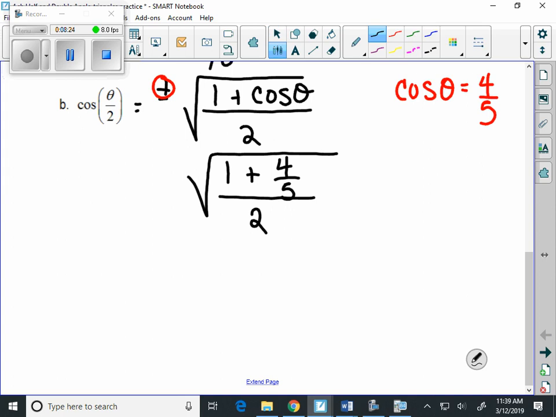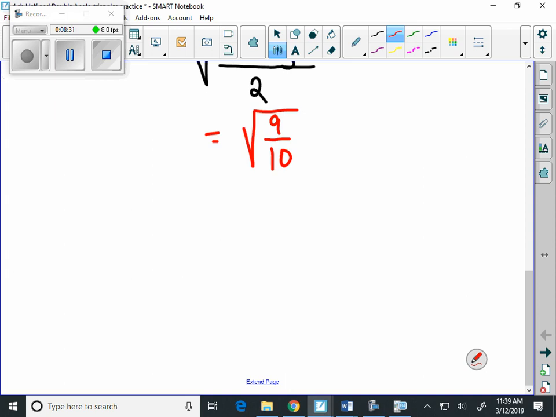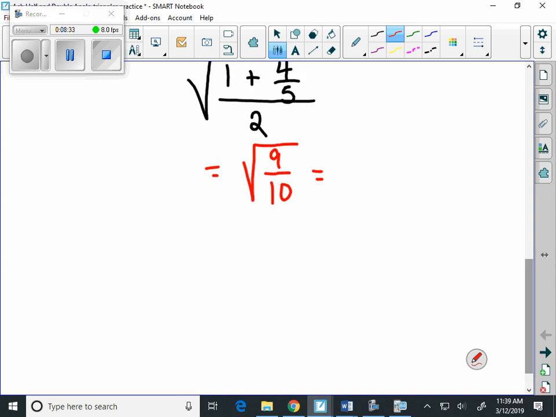So that equals 9 tenths. I don't know why I switched colors. But a reminder here that when we've got a fraction, that means we're going to take the square root of the top of the fraction, and we're going to take the square root of the bottom of the fraction. And as we take a closer look here, we can take the square root of 9. It's 3 divided by the square root of 10.